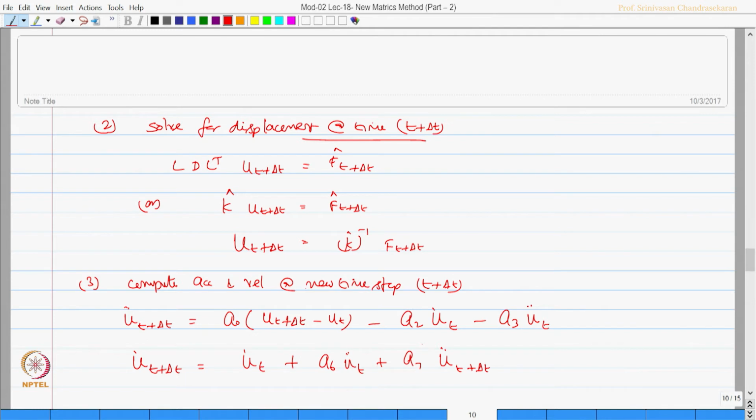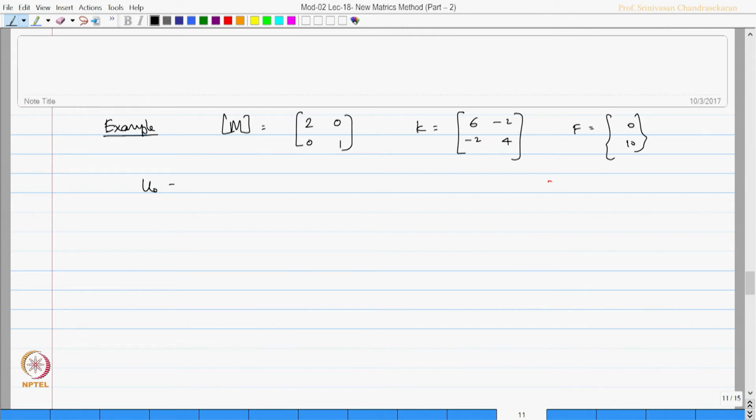Let us try to take an example problem and see how you are going to solve this. The example problem I am going to take is a 2 degree freedom system, simple problem, where the mass matrix is 2 0 0 1 and the stiffness matrix is 6 minus 2 and 4, and the force vector is given by 0 and 10. So, let us say u 0 and u dot 0 are 0.